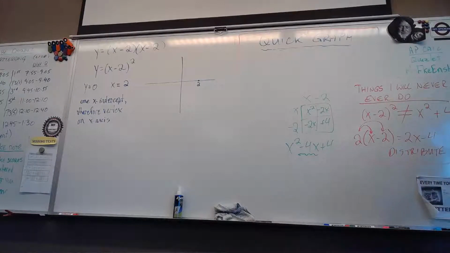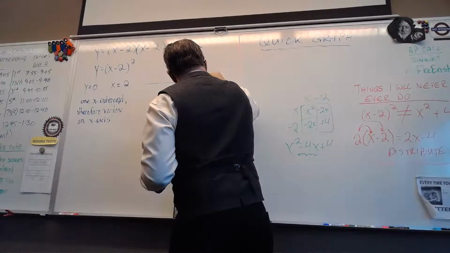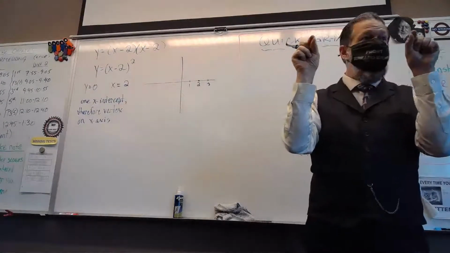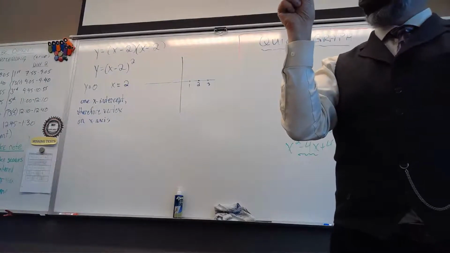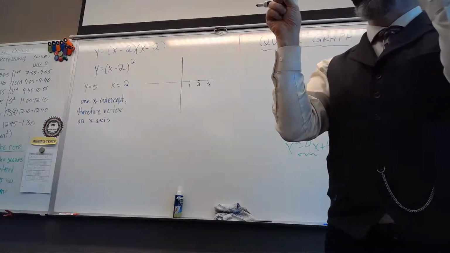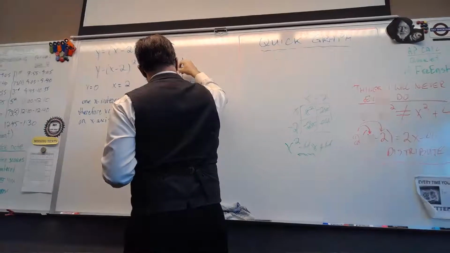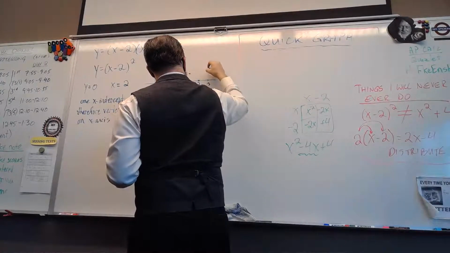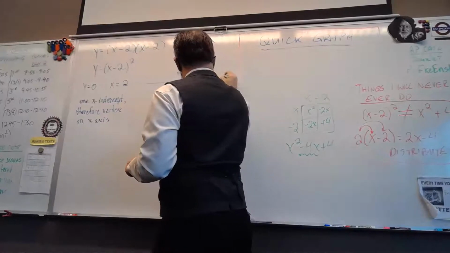Let's do a quick graph. Ready? There's 1. There's 3. I'm going over 1. How much do I go up? Anybody? How much did I go up? Over 1, up 1. I go over 2.